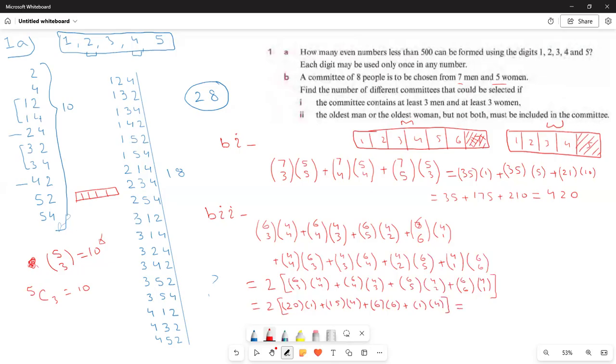So this will become 2 times 20, plus 60, plus 36, plus 4, and this all comes out to be 240.